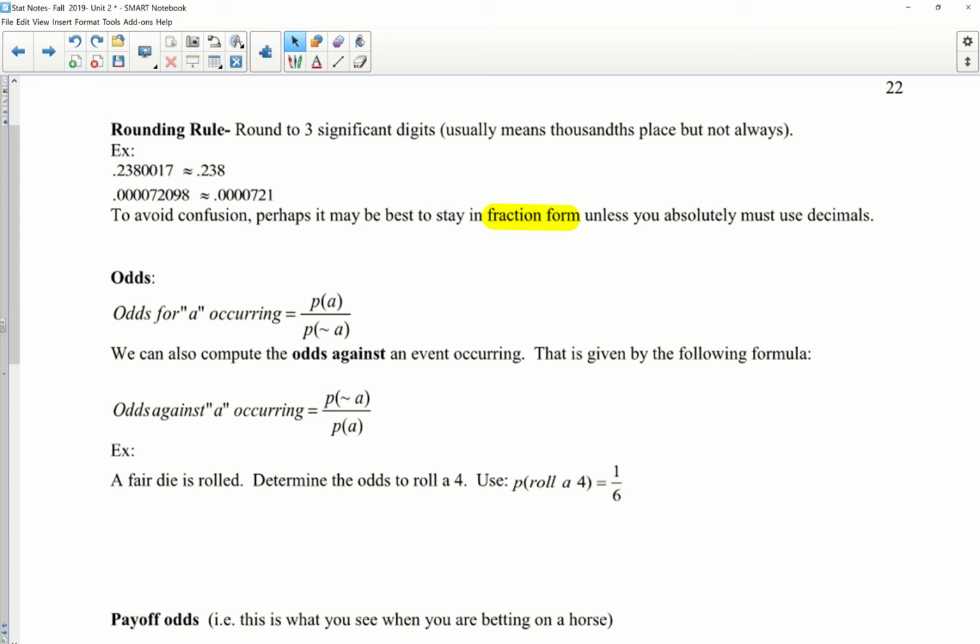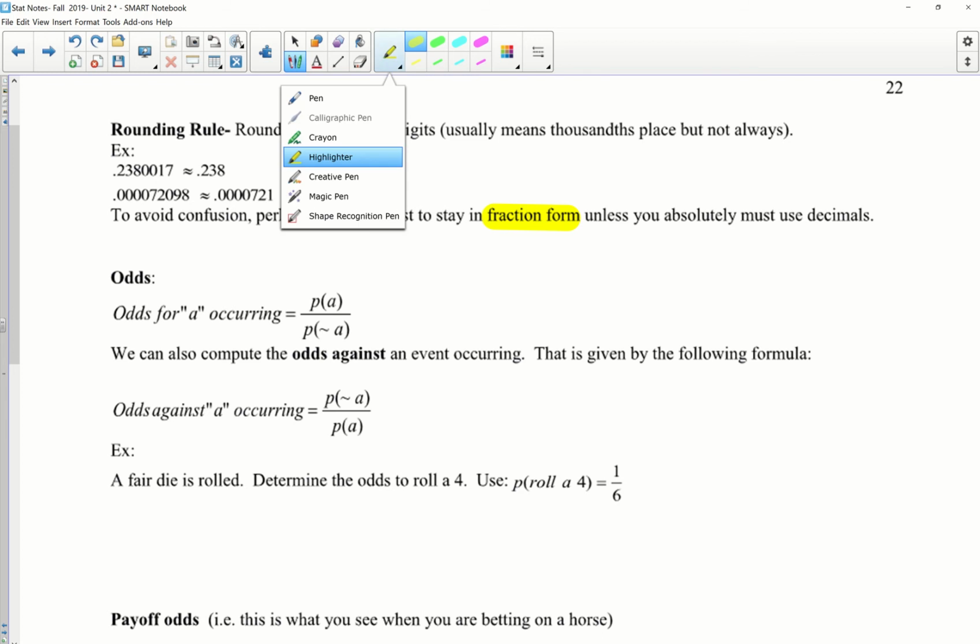I'll talk to you about how you can work in fraction form and stay in fraction form, and if you get an answer in decimal form, how to tackle it, in a little bit. But the rounding instructions are 3 significant digits. It's not sig figs, not like chem. It's basically saying the first 3 non-zero values after the decimal point, that's where you start your rounding.